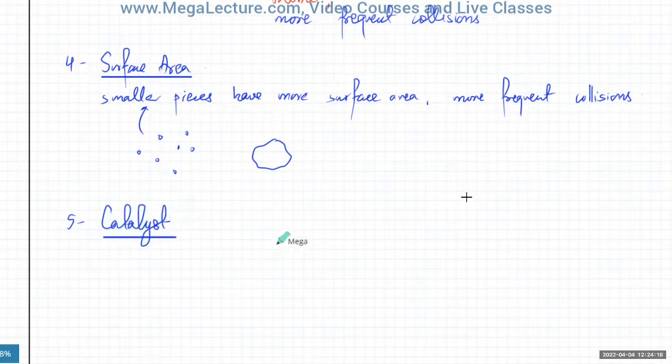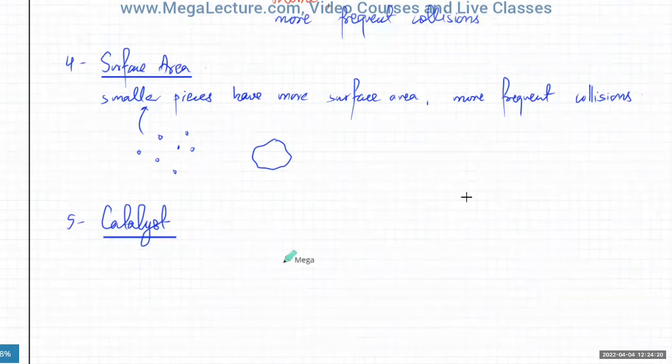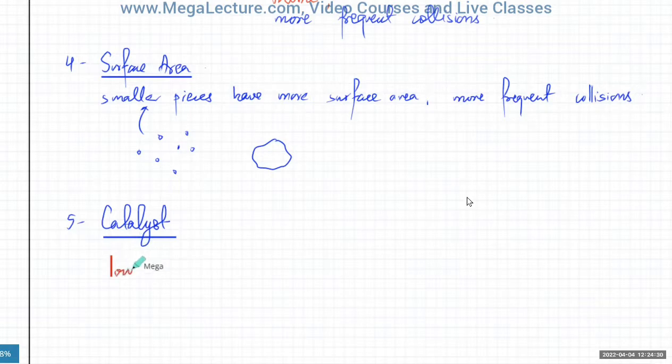What a catalyst does is it lowers the activation energy, so that you have more effective collisions.